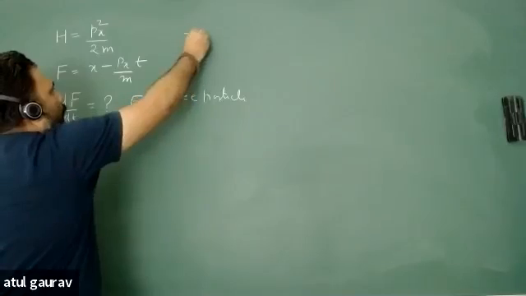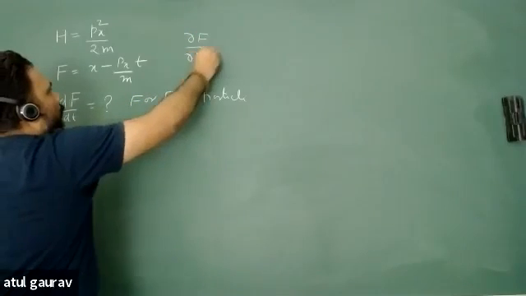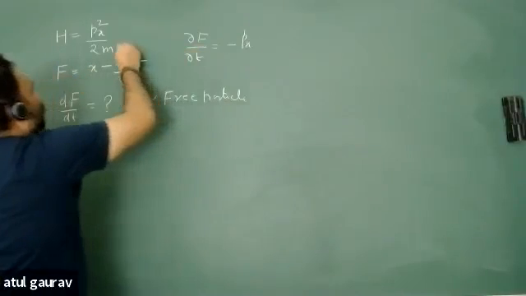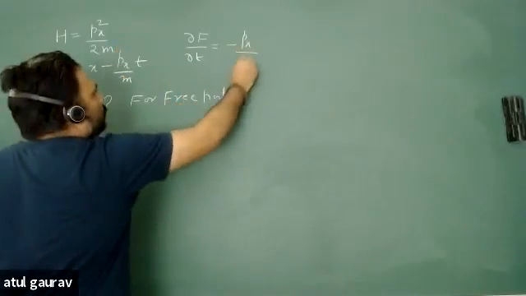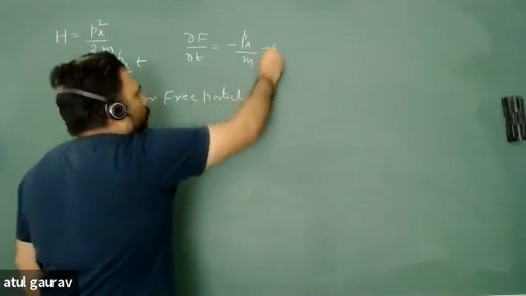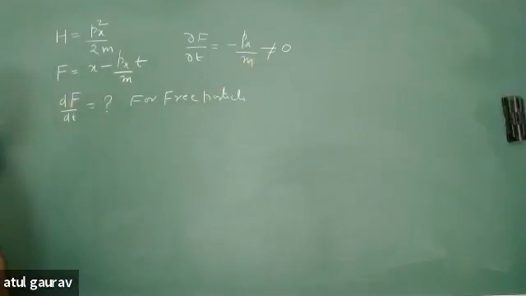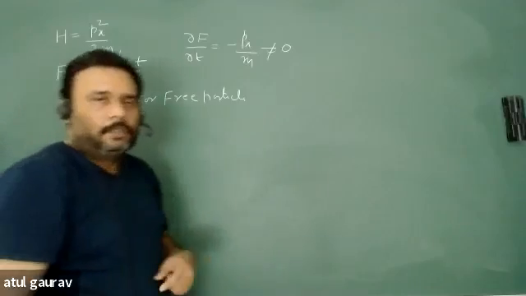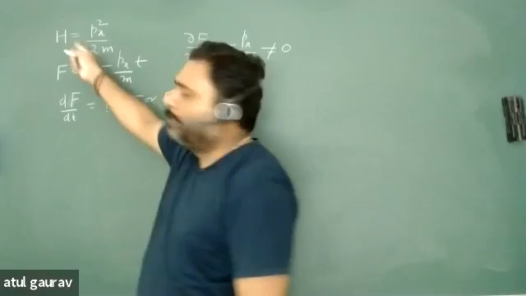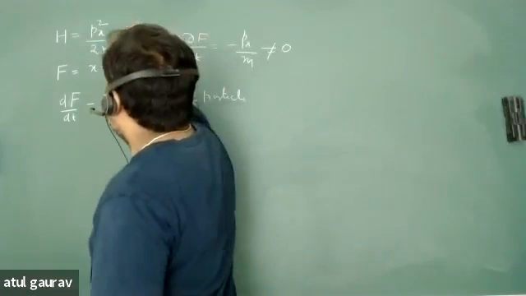You have del f/del t, and this will be minus p_x/m. So this is an explicit function of time, which is not equal to 0 actually. Let's try to find what is going to happen, and we are discussing a particular system. And what is that system? That system is identified as a free particle.